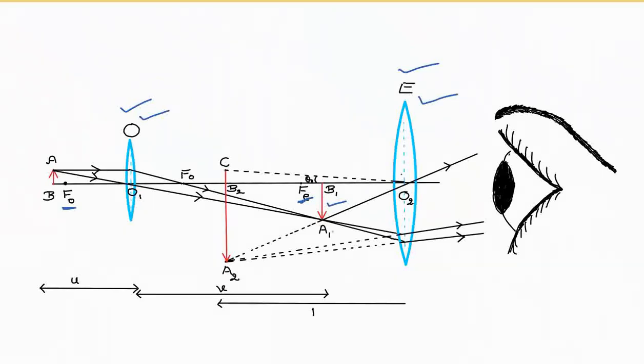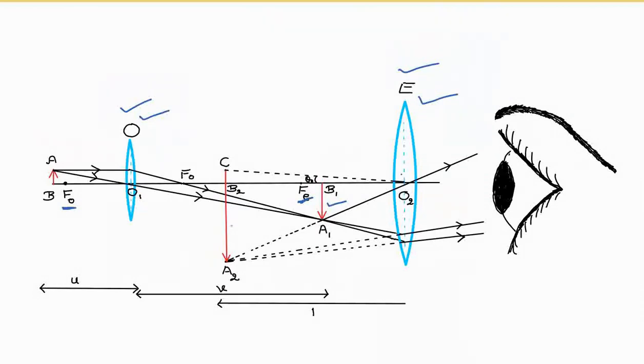Now A1B1 acts as the object for this eyepiece lens, and as A1B1 lies between the focus and optical center of the eyepiece, the image formed by the eyepiece will be virtual, erect and large in size.